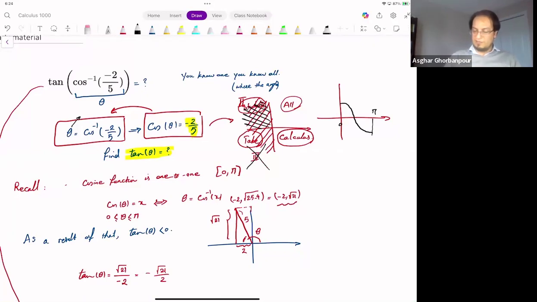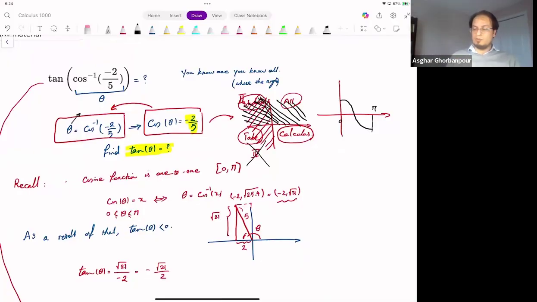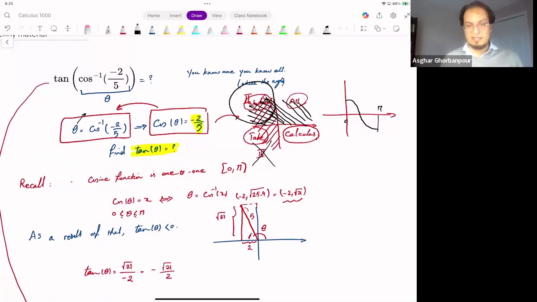Theta must be in either the first quadrant or second quadrant. The black shading is for the one-to-one domain of cosine, either the first or second quadrant. The red shading is for the negativeness of cosine. So that means that, okay, this is what we are doing here. Does that answer your question?